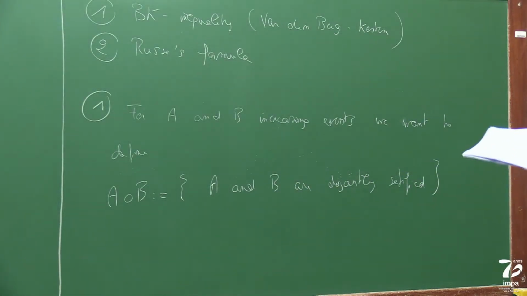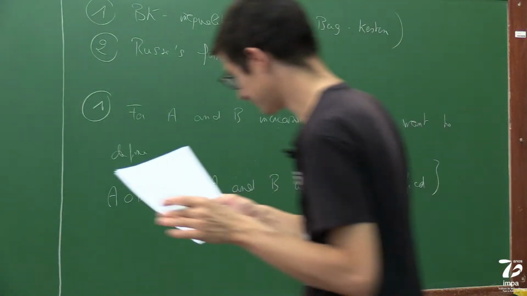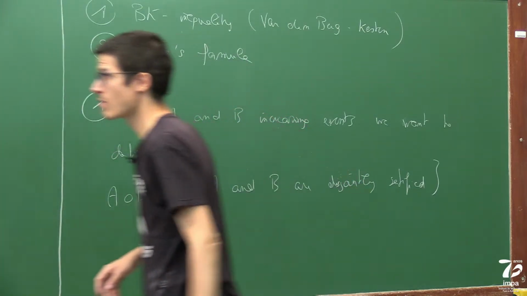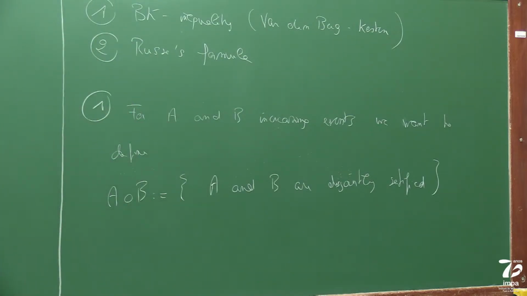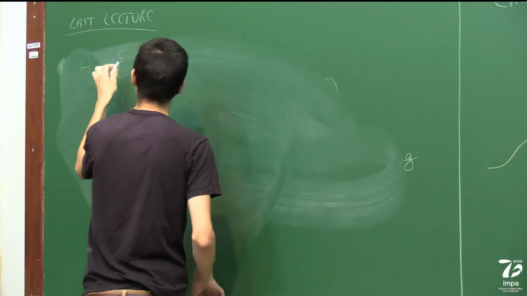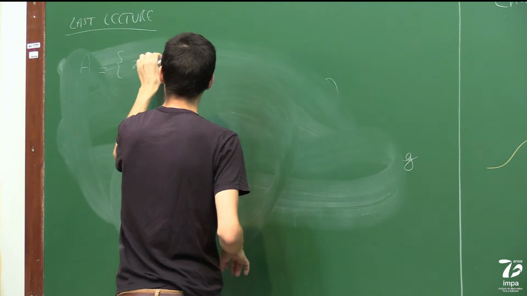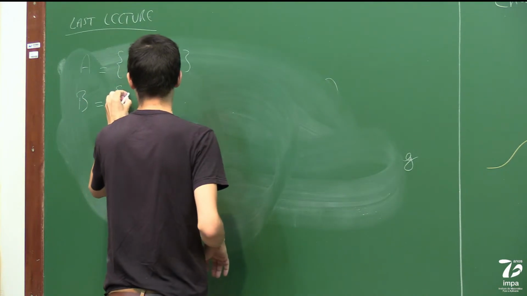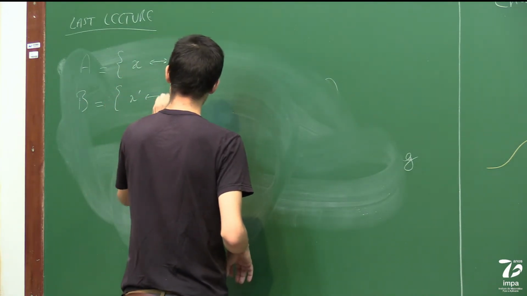But let me give you an example to motivate this definition. Let's assume that A is the event x connected to y, and B is the event x prime is connected to y prime.